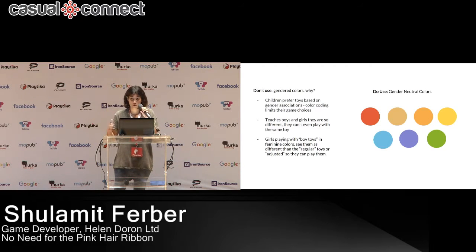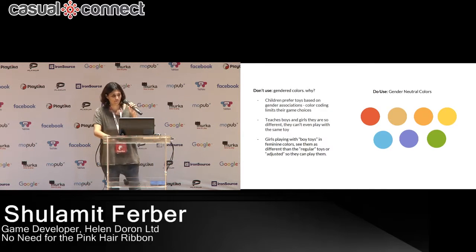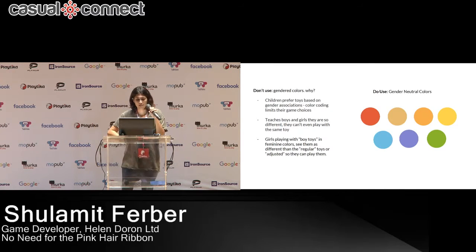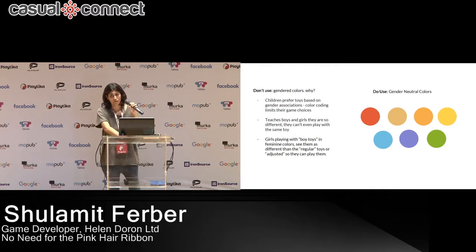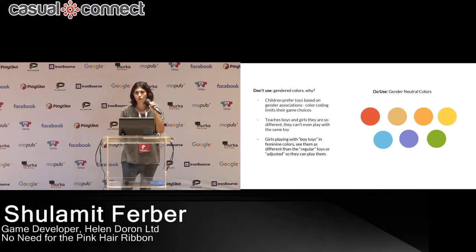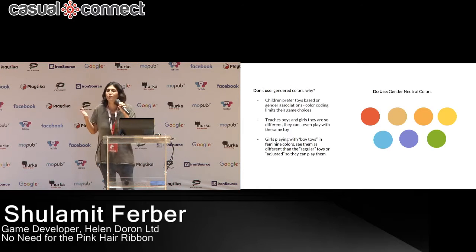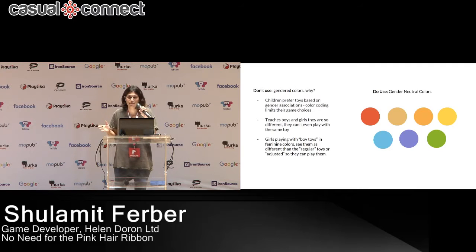So if you mark the toys for them, they will choose the version for their gender. It teaches boys and girls that they are so different, they can't even play the same toy. So even if it is the same toy and you just gave it two colors, kids don't know that. They think they need two different toys because they're very different. And the answer about the pink Jeep, this is actually very interesting.